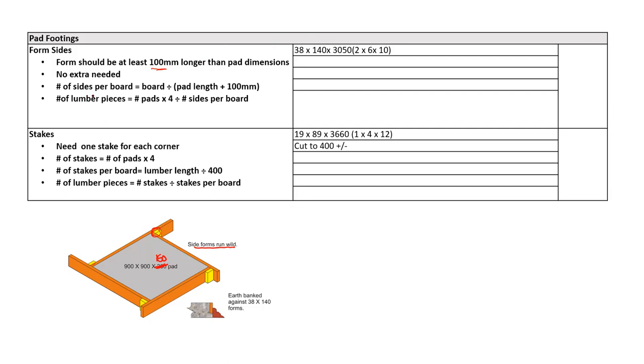So first of all, we need to figure out how many sides I can cut out of a piece of board. Well, we've got a 10-footer, which is 3,050 millimeters. The sides need to be 100 millimeters longer than the dimension of the pad.